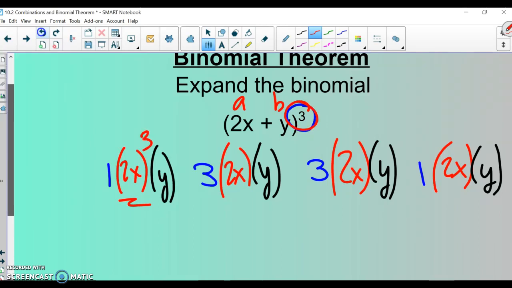So I'm going to take the first one to the third power, and the next one to the second power, and then to the first, and then to the 0. And then the y, I'm actually going to just do the reverse of that. The first one I'm going to take to the 0th power, and then 1, and then 2, and then 3.